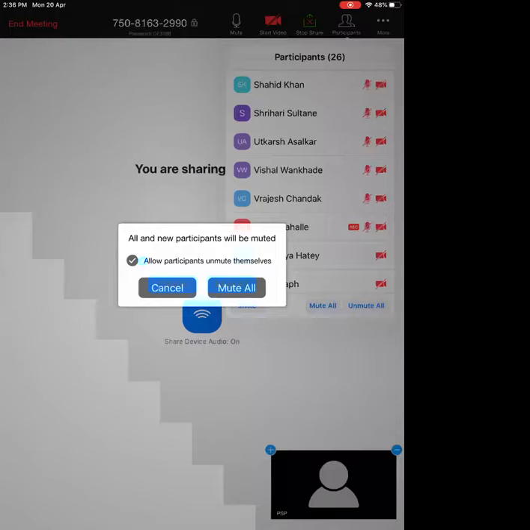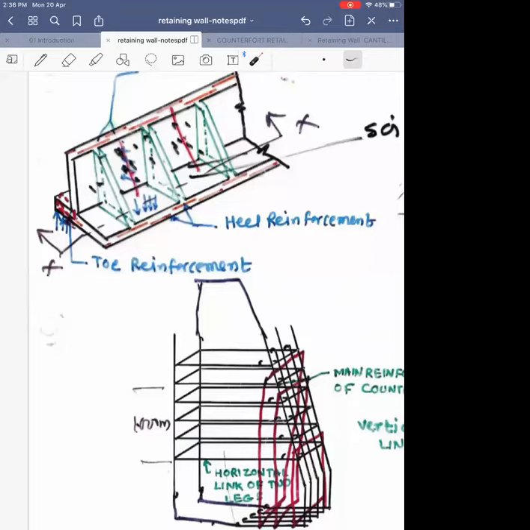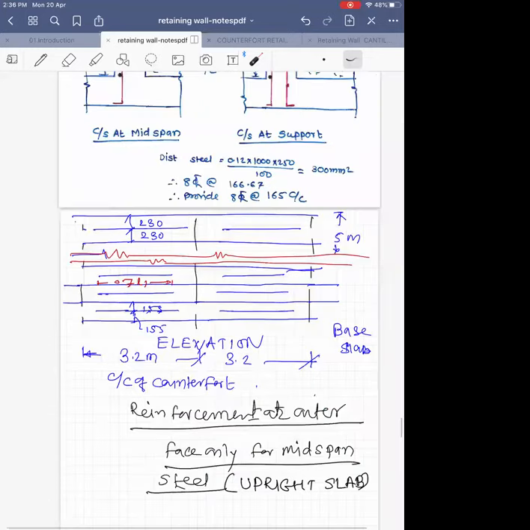Now this line indicates the center line of a counterfold. So it is reinforcement at outer face only for midspan section of upright slab.